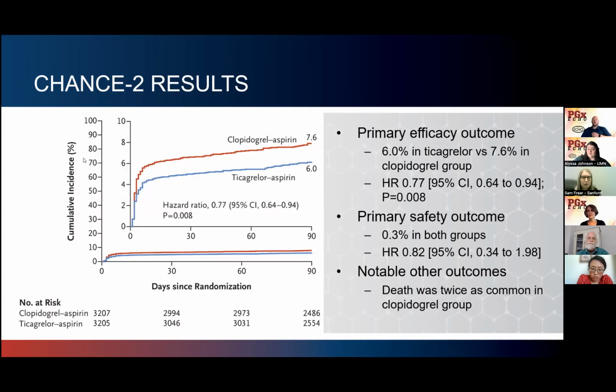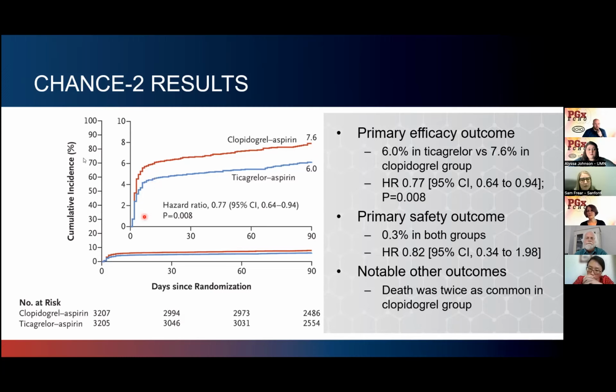And so this is showing the primary efficacy outcome here of that new ischemic or hemorrhagic stroke within 90 days. And you can see the incidence on that y-axis and then days from randomization on the x-axis there. And so the curve is representing that cumulative hazard of stroke. And you can see how it's diverging during that first week there, or maybe a little slightly later.